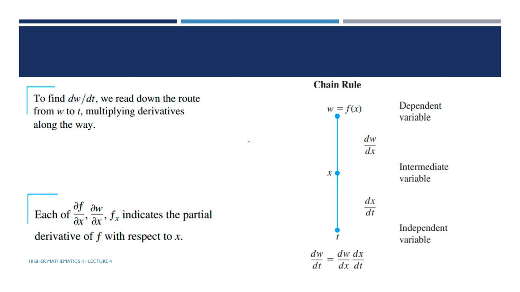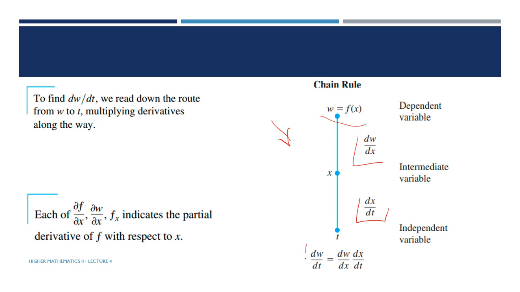To find dw/dt, we write down the route from w to t, multiplying derivatives along the way. You may see in this graph, maybe chart, we call chain rule dependent variable. We have w equals f of x. It's a dependent variable, and first we have to calculate the derivative of w with respect to x, and then the derivative of x with respect to t.